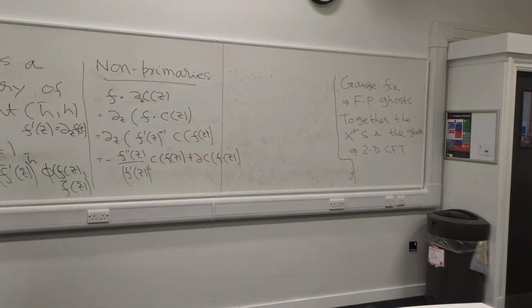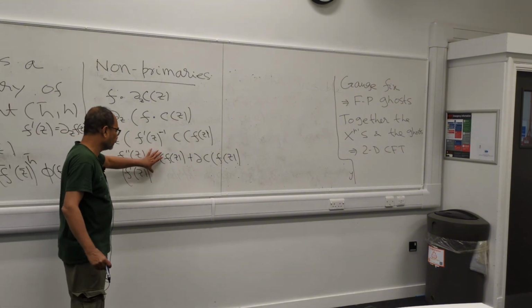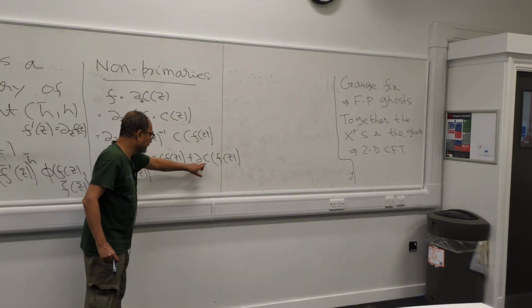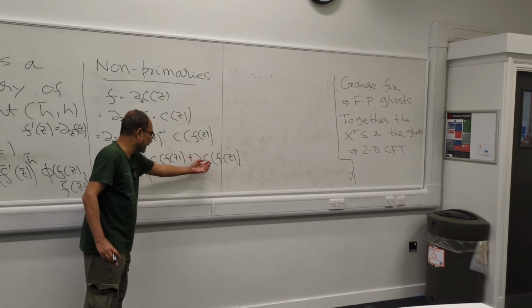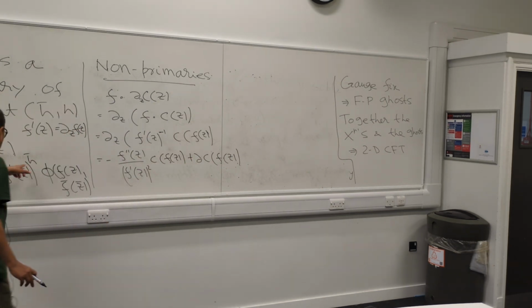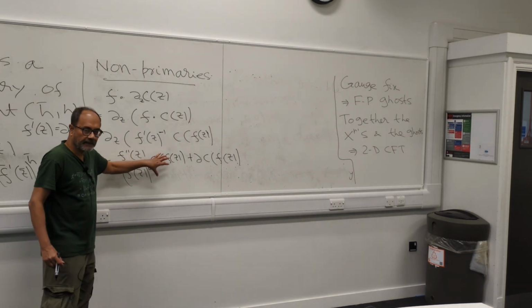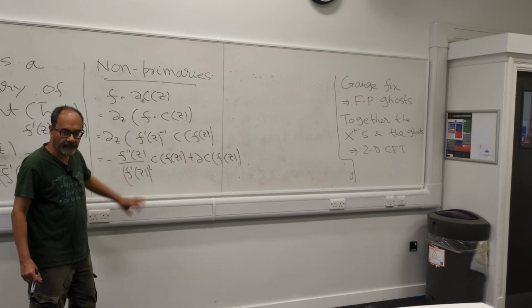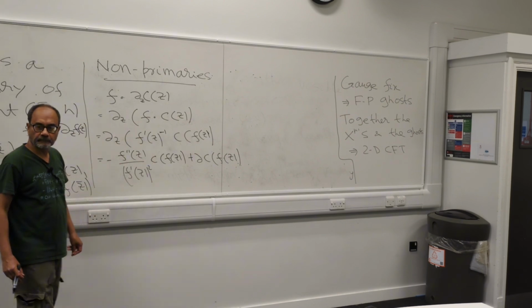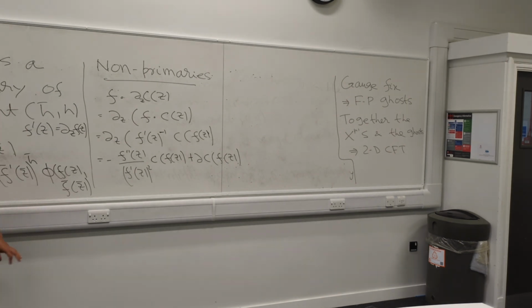So you see that if this term had not been there, then this would have transformed like a dimension (0, 0) primary, because it's just changing the argument, and h and h bar are both 0. But the presence of this factor tells us that it's not transforming as a primary. There are some additional terms in the transformation law. But you can work out the transformation of any field using this kind of manipulation.